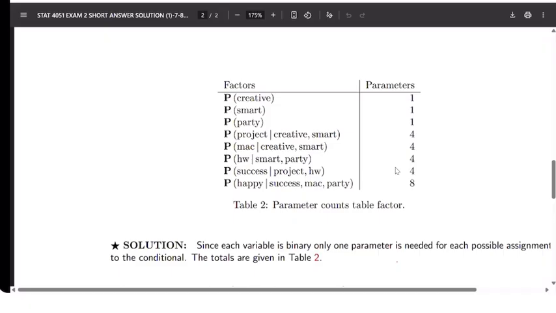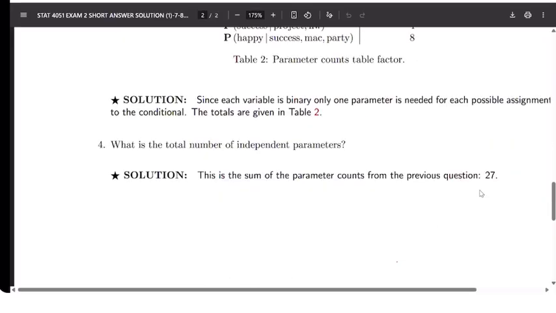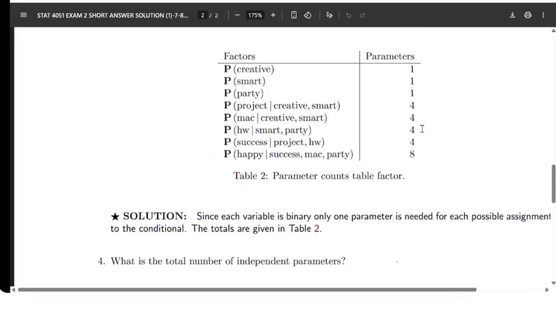Can somebody confirm: what is 8 plus 4 plus 4 plus 4? How many 4s do we have? 16. 16 plus 8 is 24. That would be 27, okay.